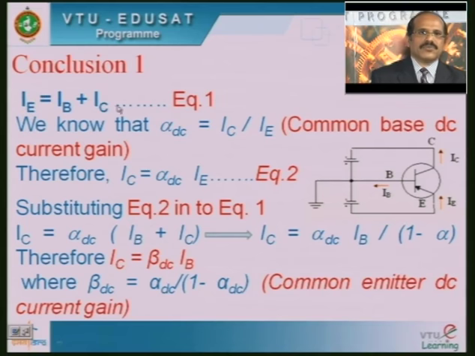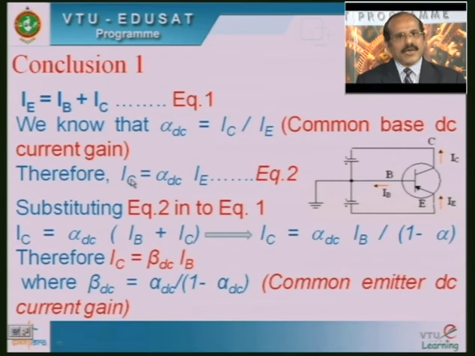We know that IE equals the sum of the base current and collector current, and that alpha DC is the ratio of output current to input current, that is IC by IE, so IC is equal to alpha DC times IE. If we substitute equation 1 into equation 2 and rearrange, we get IC equal to alpha DC divided by 1 minus alpha DC, times IB.